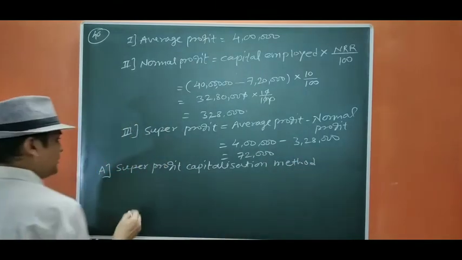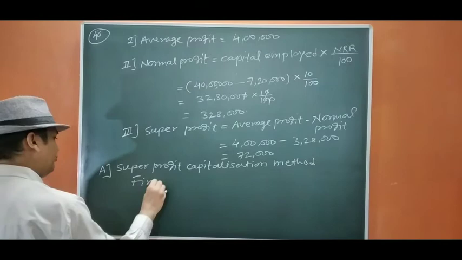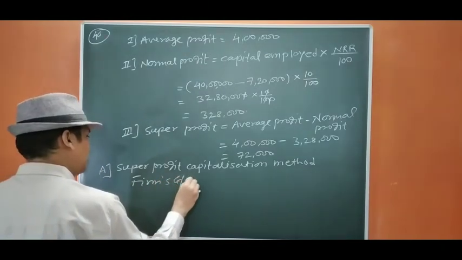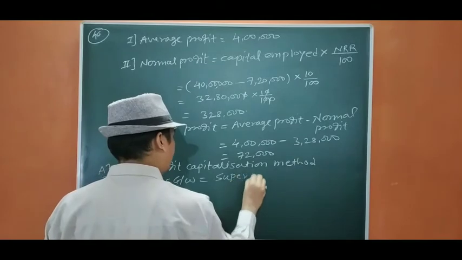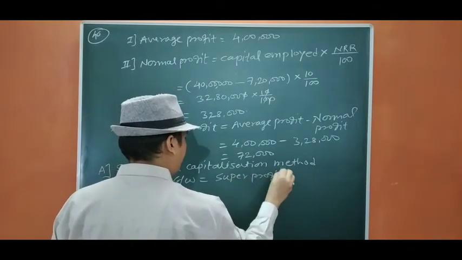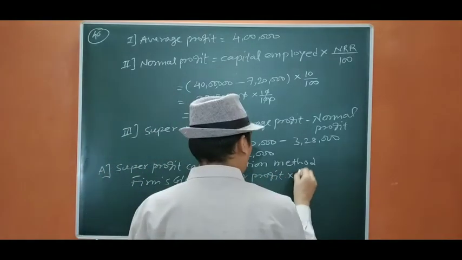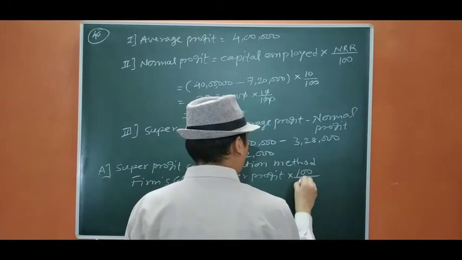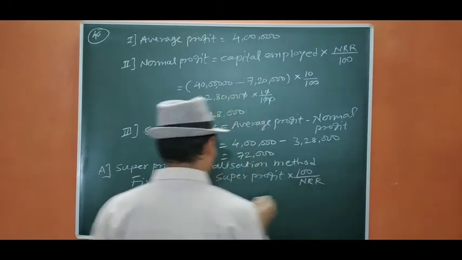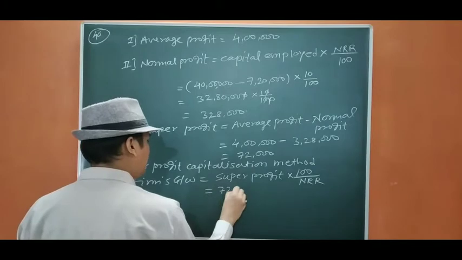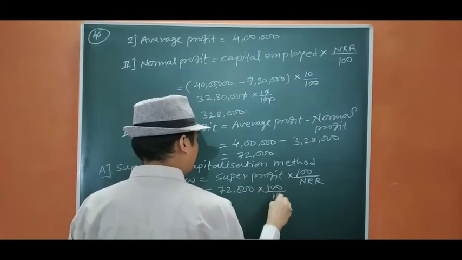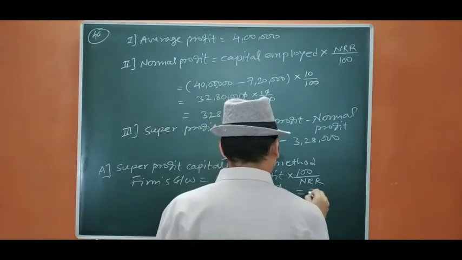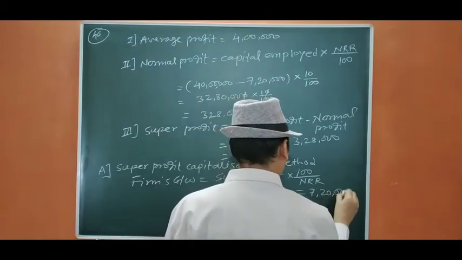Okay, in this, goodwill equals super profit into 100 upon NRR. So this will be 72,000 into 100 upon 10, 7 lakh 20,000. Okay.